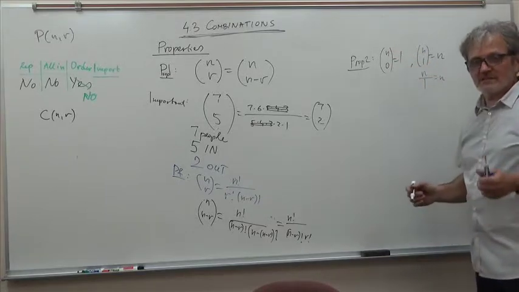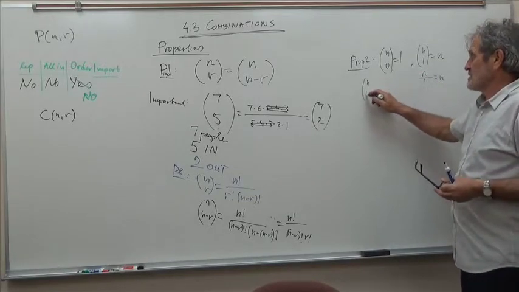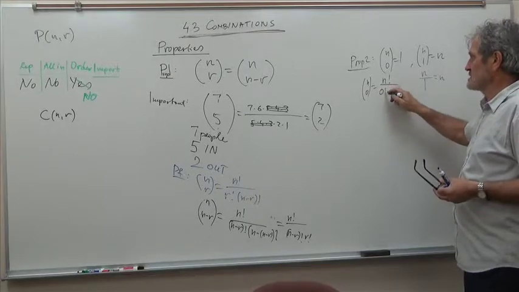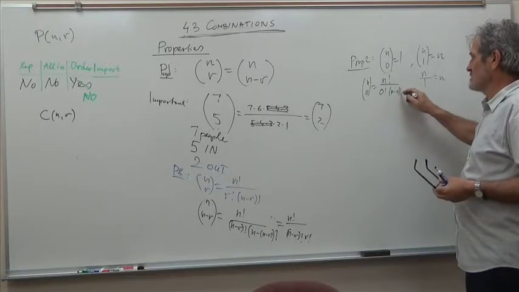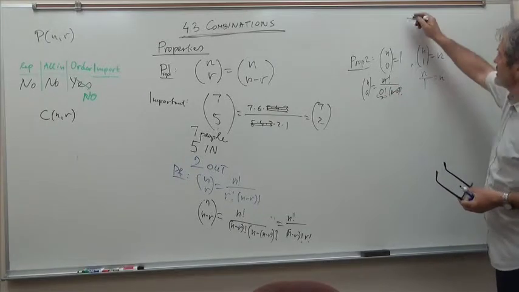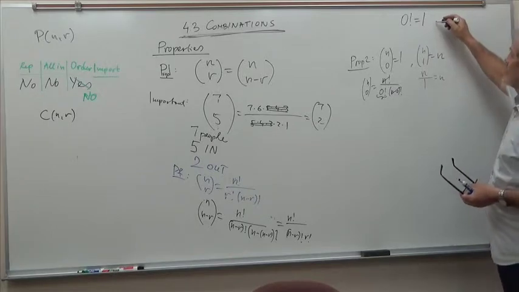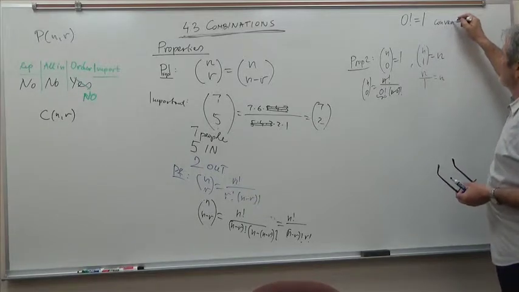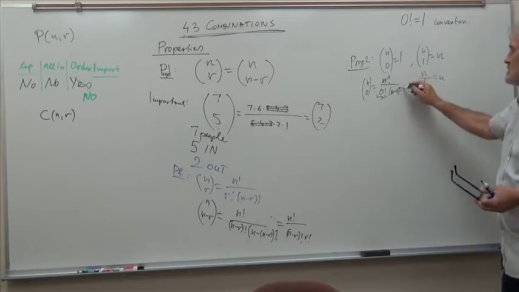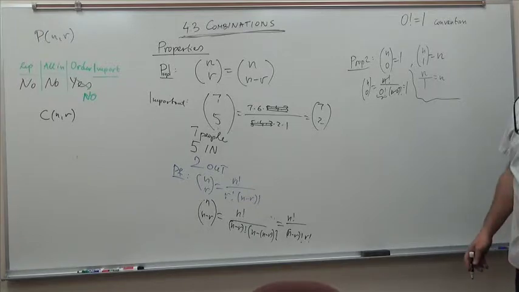This might be a little trickier. Why? Because what is n choose 0? Calculation, it's n factorial over 0 factorial times n minus 0 factorial. N minus 0 is just n, so these cancel. But how much is 0 factorial? Maybe I never told you that. 0 factorial is 1. That's by math convention. Conventionally, mathematicians say 0 factorial is 1. So this is 1.